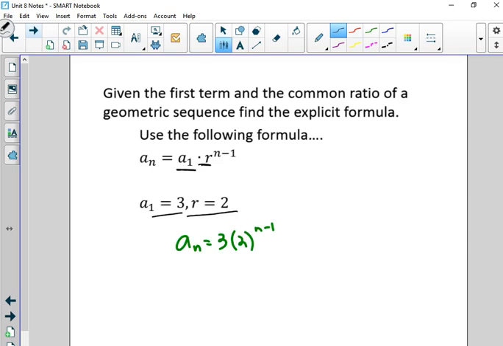We leave it n minus 1 because I just want to know what the formula is given this information. That's all you're doing. Given this information, what would the formula look like? Now that I have it plugged in, if I said find the 50th term, you put 50 right there and crunch the numbers. That's how you find the formula.